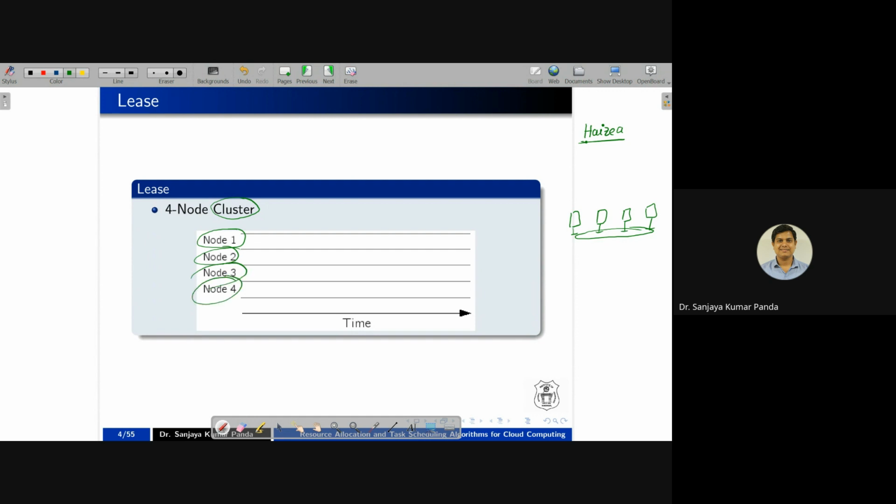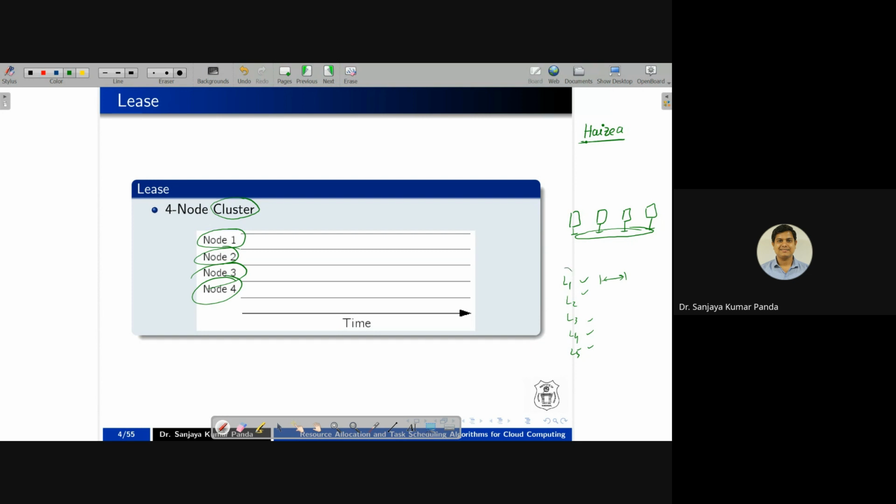Over a period of time, you have to assign the nodes to different lineages. Suppose you have 5 lineages, L1, L2, L3, L4, L5. Each lineage has some requirements, right? Let's say it will start at a particular time, end at a particular time. What is the duration? How much are you going to pay? Lots of things are there, right?